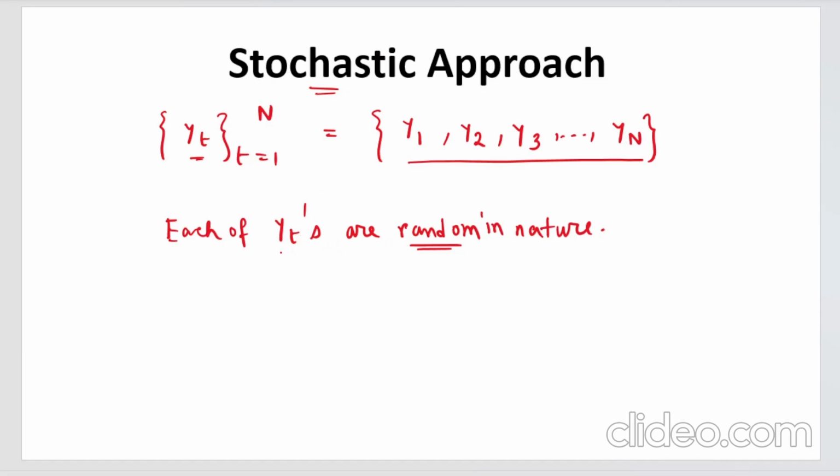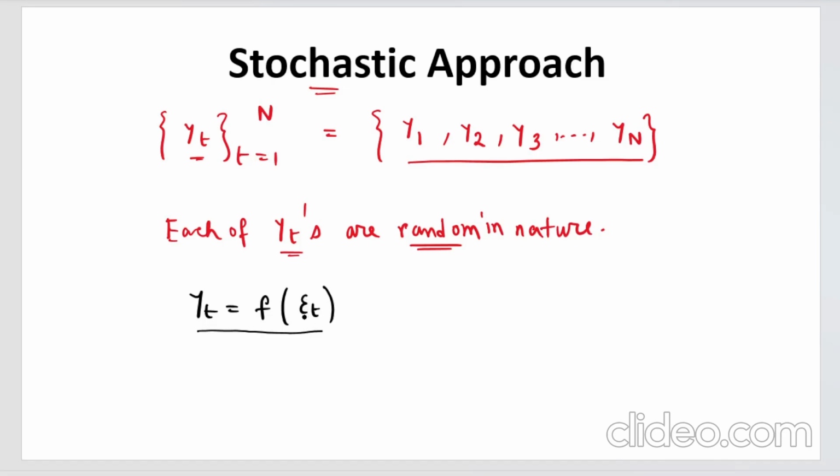In the stochastic approach, each of these yt's is random in nature, so we say that yt is a function of some random term epsilon t. Random means that there is some degree of uncertainty involved in the process of yt. So we will say that yt is some function of the random component epsilon t.